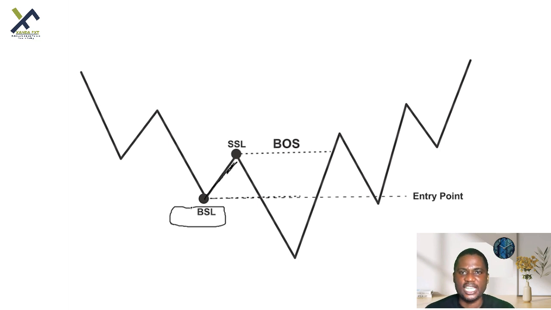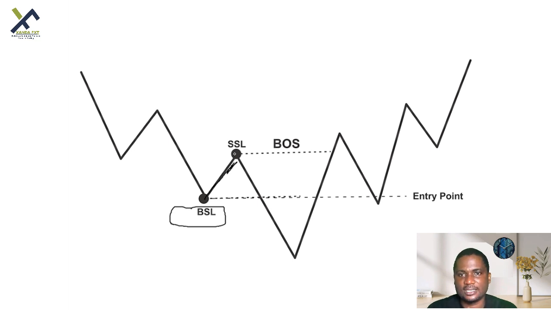But if it is a bearish change of structure, the market has been moving up, and all of a sudden there is a change of structure and you are expecting a bearish reversal in the market, your entry point should be on the sell side liquidity.